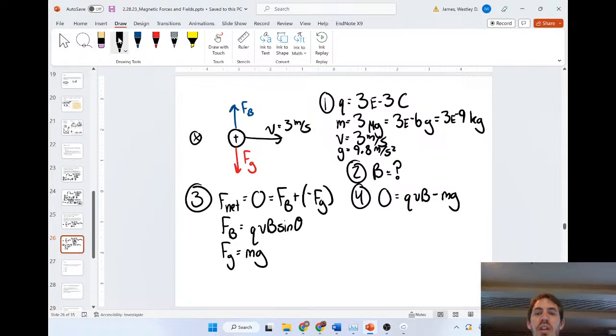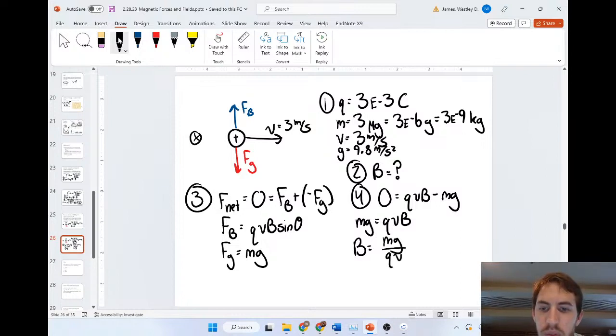I am solving for B here, so I just go through some algebra steps, add the mg to the other side, and then divide by QV to get B by itself. And at this point, it's finally just plug and chug. We know m, we know g, we know q, we know v. Chuck them in that equation, you'll get an answer.